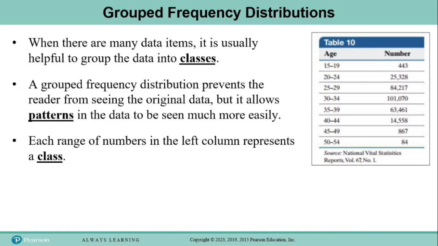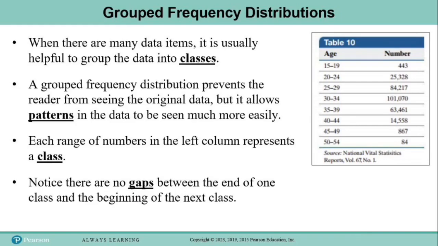Okay, so like I said, each range of numbers in the left column represents a class. So in this particular table, we have 1, 2, 3, 4, 5, 6, 7, 8 different classes. And notice that there are no gaps between the end of one class and the beginning of the next class. Every age should fit into one class, and exactly one class.